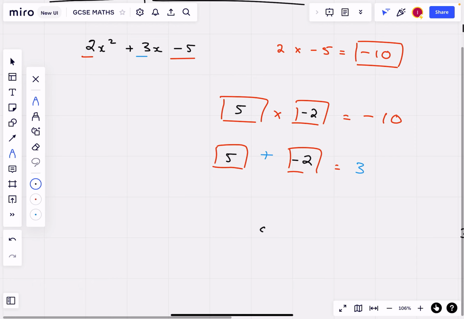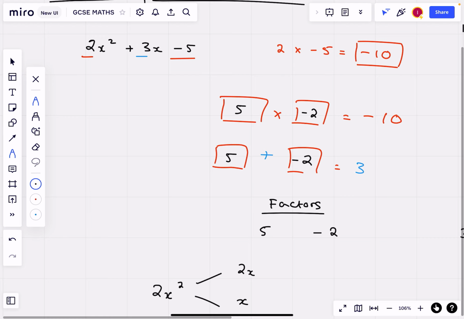I'm going to write it here. Factors. 5 and minus 2. Now, we're going to take our first term, which was the 2x squared, and we're going to split it up into 2x and x, because 2x times x gives us 2x squared.